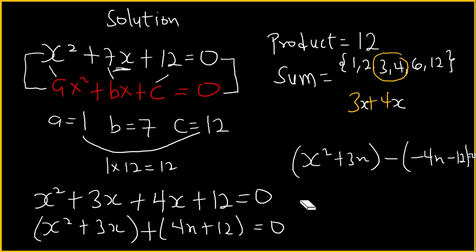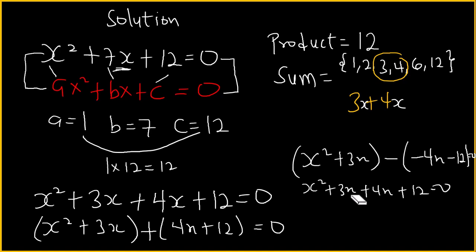So let's simplify. x squared plus 3x, negative by negative 4x, that will be positive 4x, negative by negative 12, that would be positive 12 equals 0. So we can see that we've gotten our equation back. If you want to initiate negative, the sign inside the second bracket also changes.